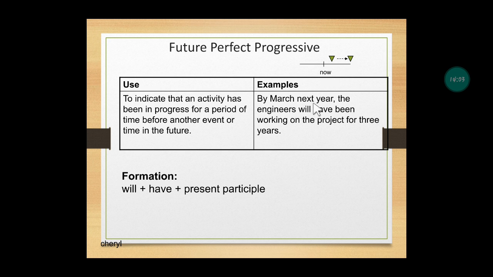By March next year, the engineers will have been working on the project for 3 years. So this is the period, that is in March. For 3 years they are going to work on the project, and this action is going to happen in the future. The formation is will plus have plus been plus the present participle.